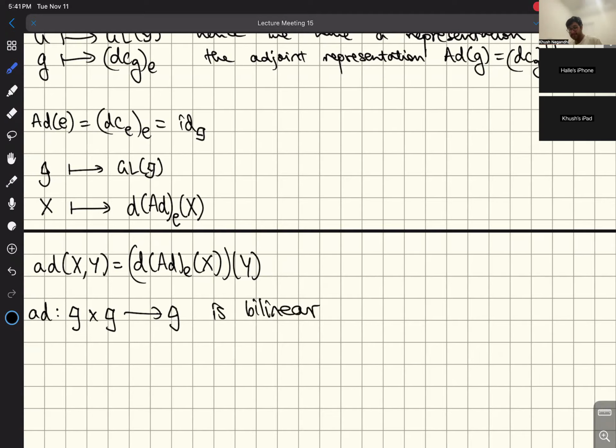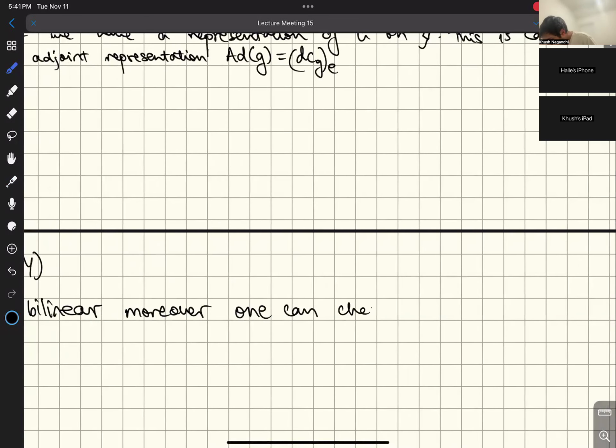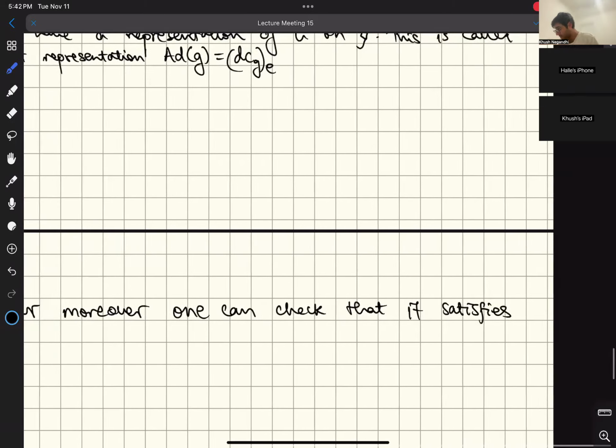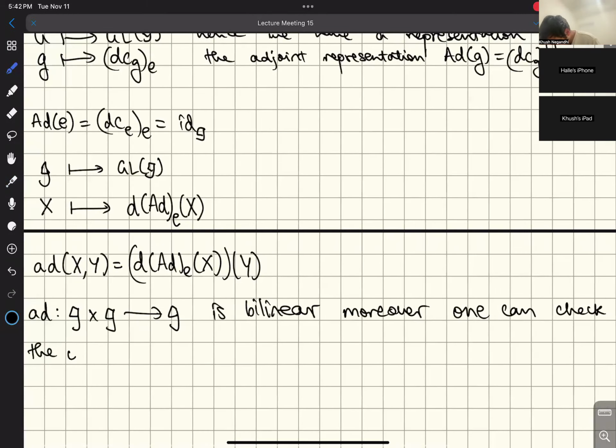Moreover, one can check that it satisfies the conditions for a Lie bracket.